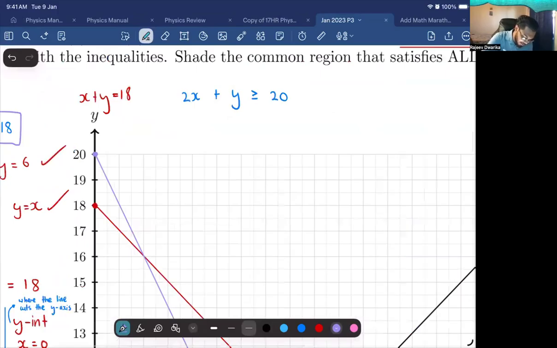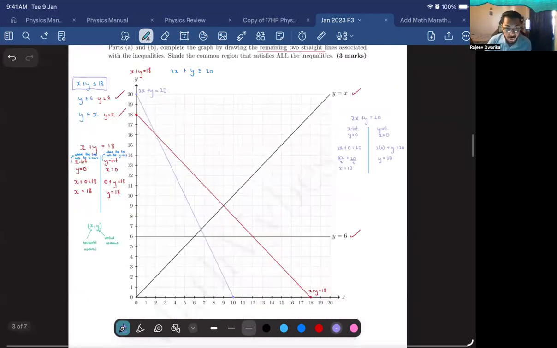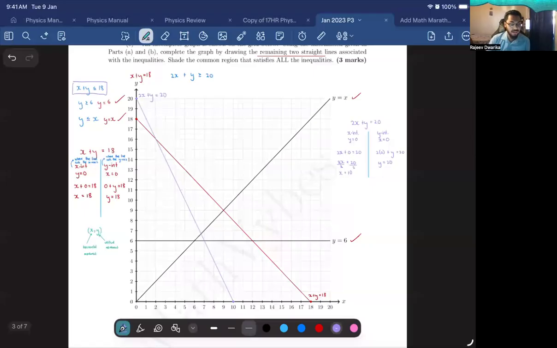So I'm just going to label this graph. This graph is 2x plus y is equal to 20. So Akil, up to this point, nothing at all is confusing you, right? Nothing, right? So now we need to figure out the common region. Shade the common region that satisfies all the inequalities.